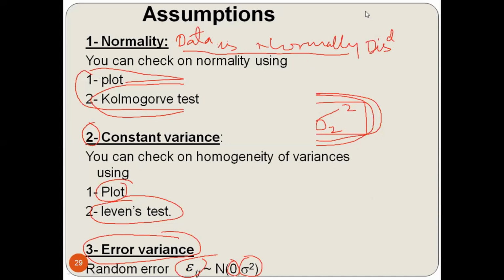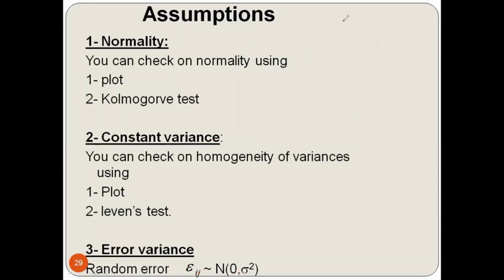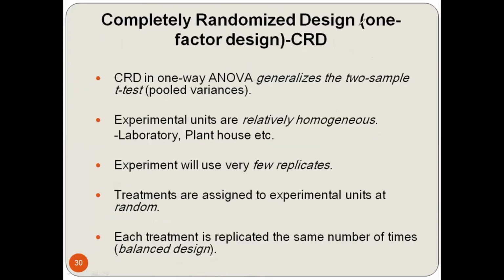So after assuming all the assumptions, we can go for the first design. This is the first design that we are going to talk about. It is called the CRD, complete randomized design.